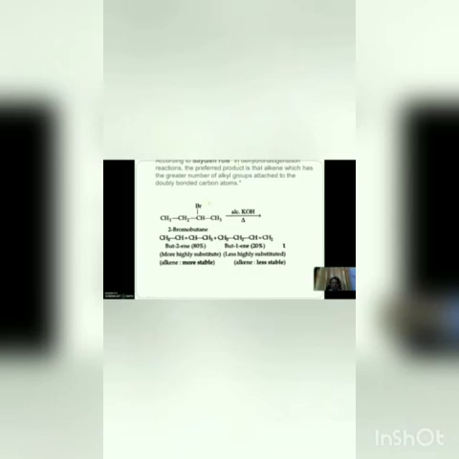For example, if you check here, this is an unsymmetrical compound. So there are two beta carbons. This is a beta carbon, this is a beta carbon. So the product will be, if the Br is removed from here and one hydrogen is also removed from here, the bond from this hydrogen will shift to here.